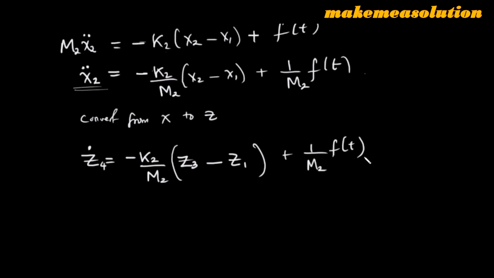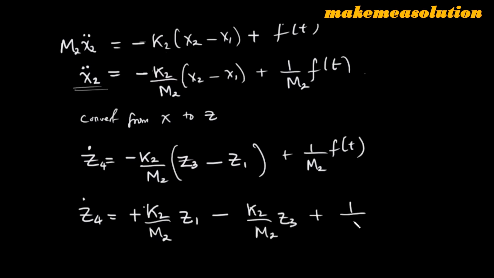Is that okay? So if we open up this bracket, you have z4 dot equal to, let's arrange in terms of descending subscript of z. Minus times minus is plus, so we now have plus k2 over m2 z1, and we now have minus k2 all over m2 z3, and plus 1 all over m2 our f of t.